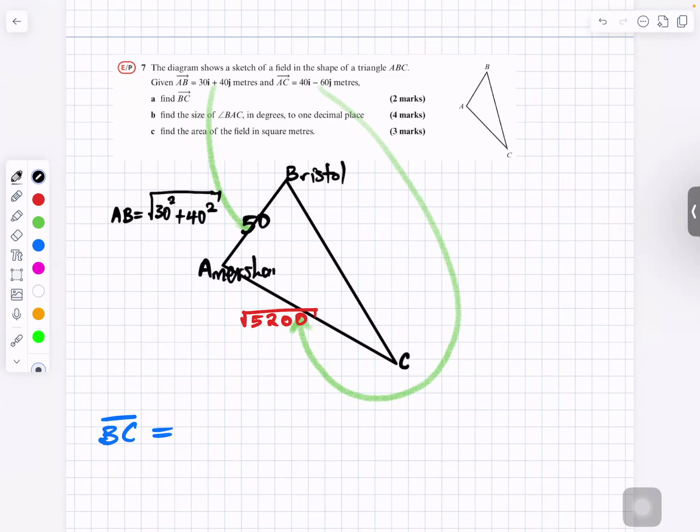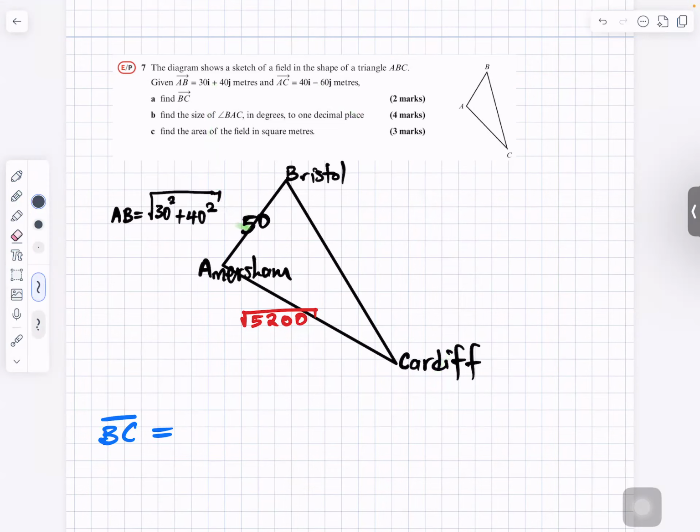Any place that begins with a C. Cardiff. So you want to go from Bristol to Cardiff on the diagram. How do you go from Bristol to Cardiff? That's what you ask yourself.